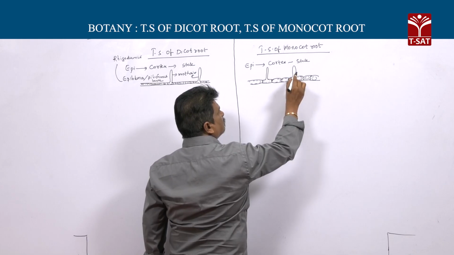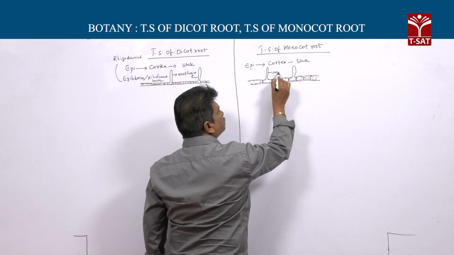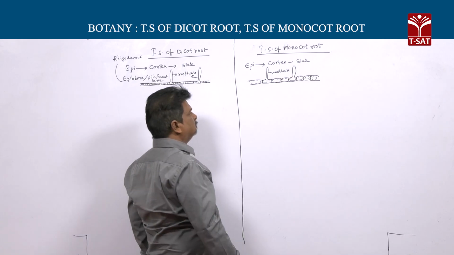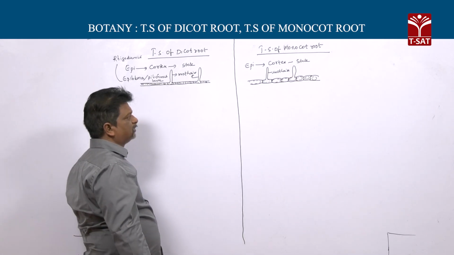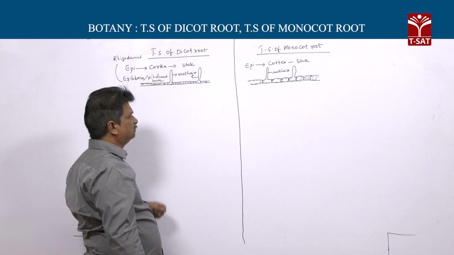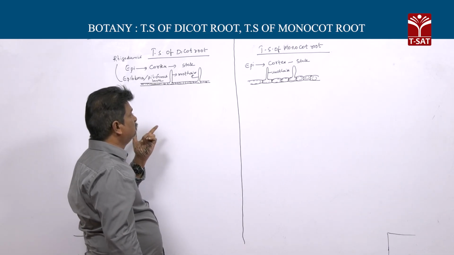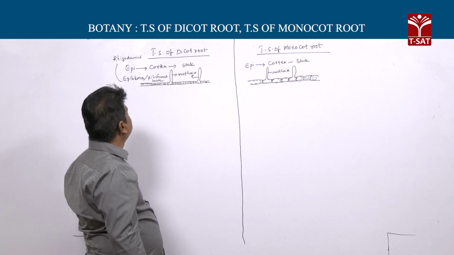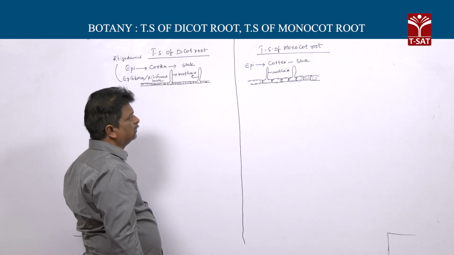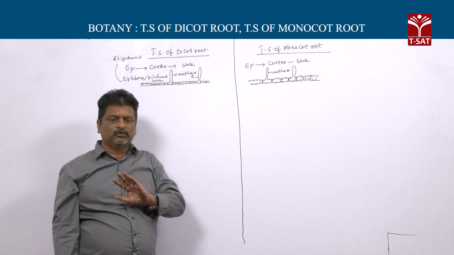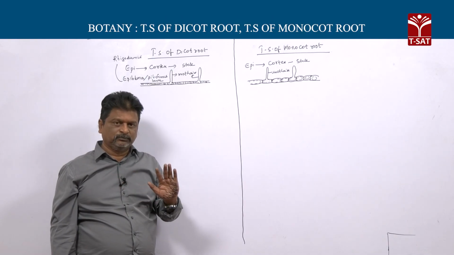These extensions are called root hairs. Cells developing root hairs are called trichoblast. Due to root hairs, root epidermis is called piliferous layer or Epiblema layer or rhizodermis. So dicot, monocot root, same characters.